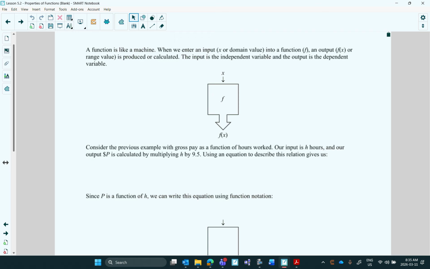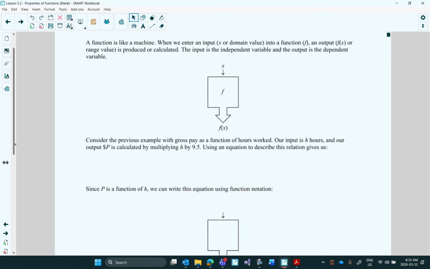So when we do a function, or actually before I do this, in the previous example, if you look at that table with hours worked and gross pay, we could make an equation out of it. And the equation we could make is, if we call the gross pay P, how do you calculate your gross pay?